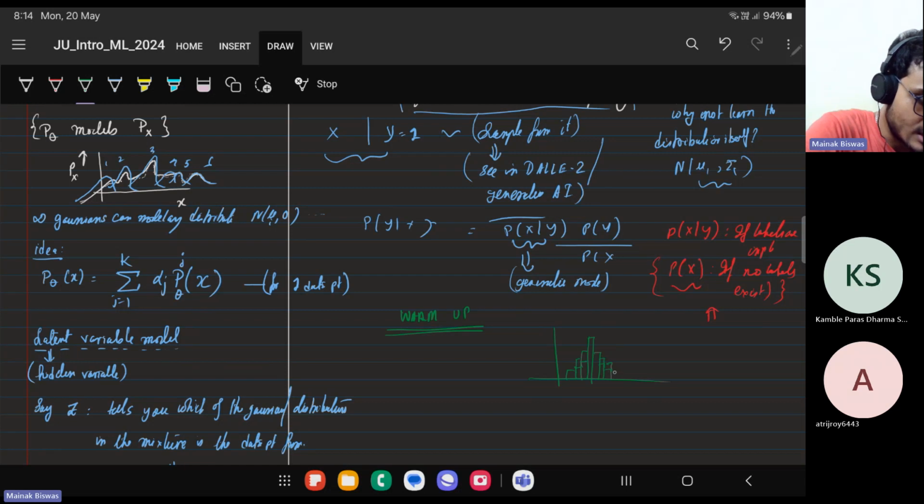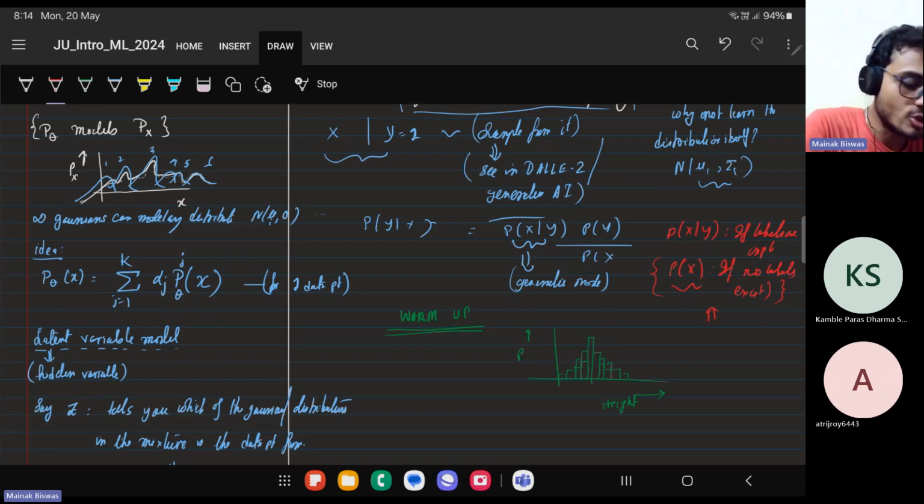This is the height of students in the class. This is probability, right? So what would you use to model this data?